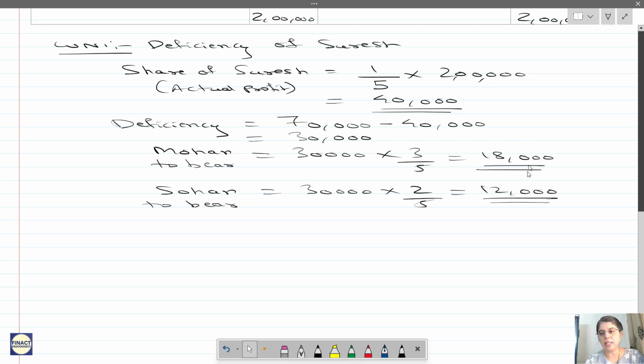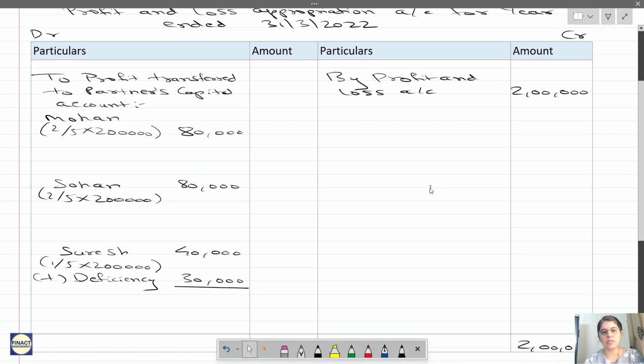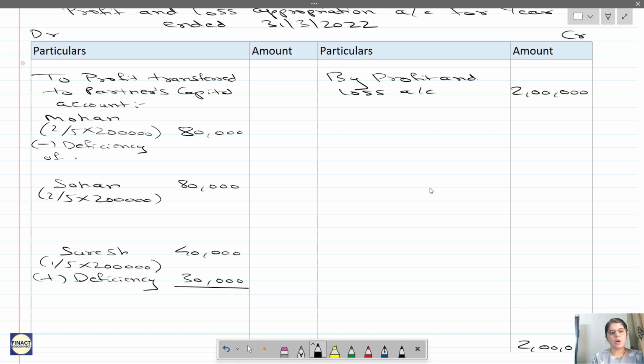Mohan will give 18, Sohan will give 12. So less: deficiency of Suresh. Always, whenever you are reducing, put it in the bracket.